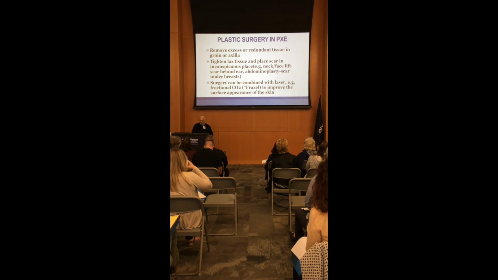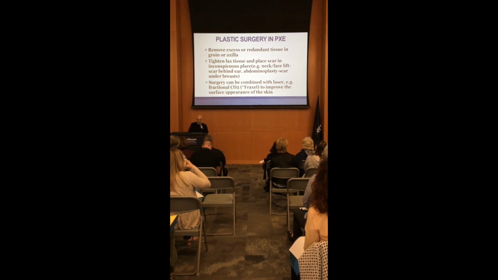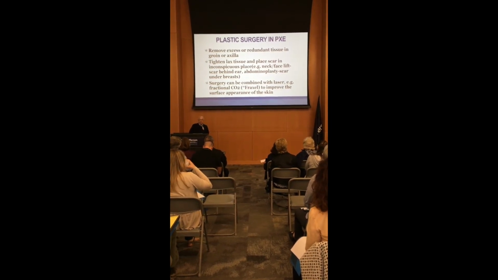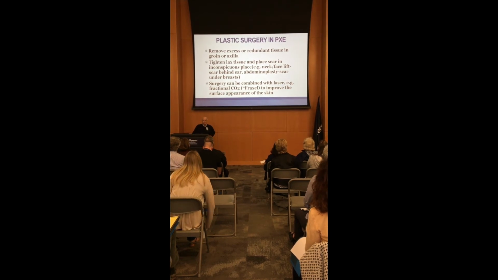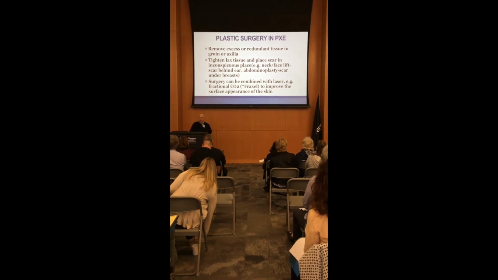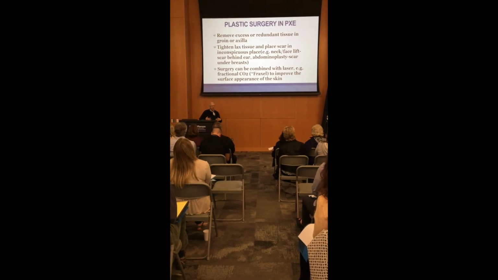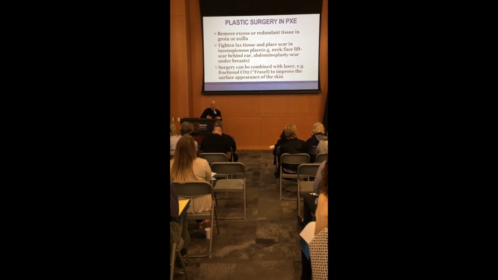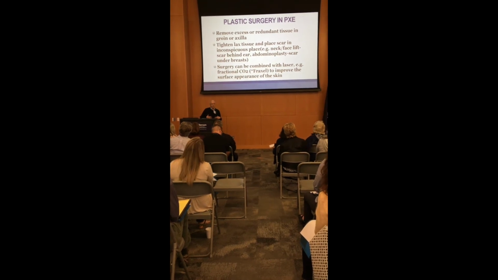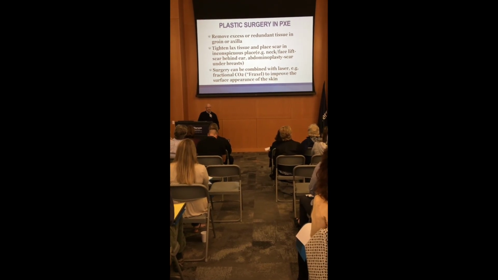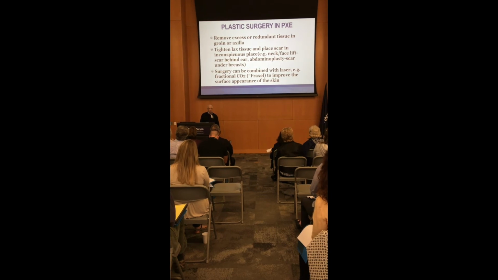So again, talking about how plastic surgery works in PXE, one of the things that's sometimes done in plastic surgery, and I'll give you an example, is called abdominoplasty, when patients have bariatric or weight loss surgery. They often lose a tremendous amount of weight, and then the skin hangs down like a loose blanket almost.